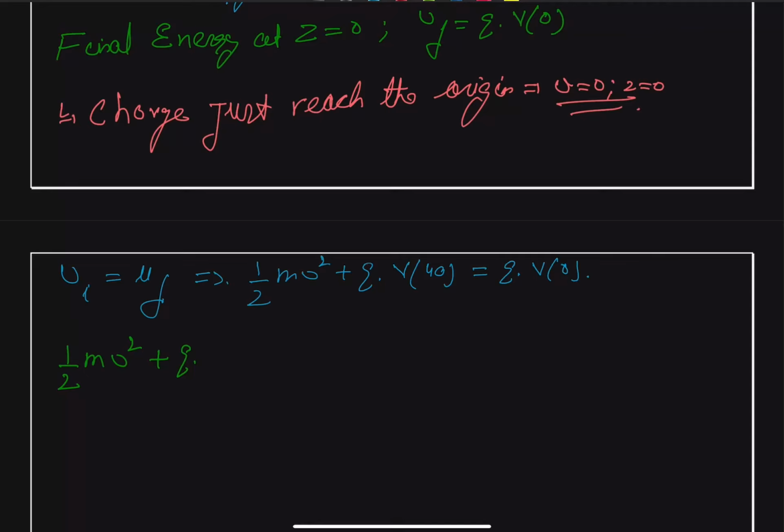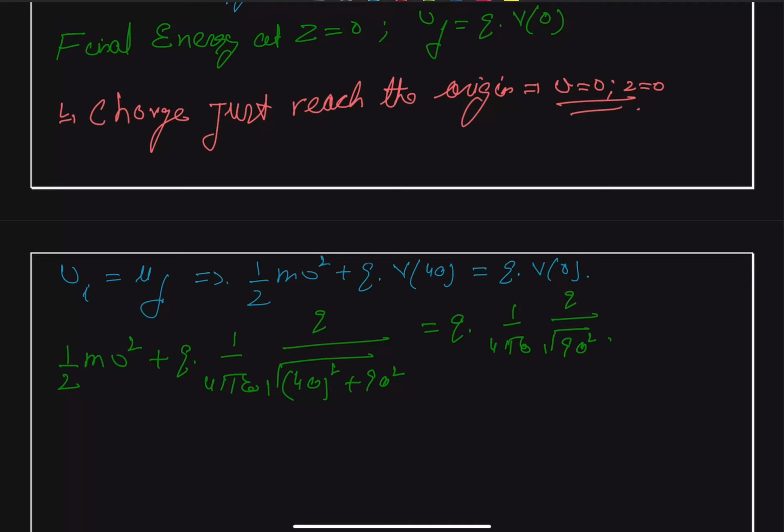So we get this as 1 upon 4 pi epsilon naught, Q, substituting value of z as 4a, we get 4a whole square plus 9a square and its square root, is equal to Q 1 upon 4 pi epsilon naught. Now value of z is equal to 0, so this comes as Q upon 9a square and its square root.